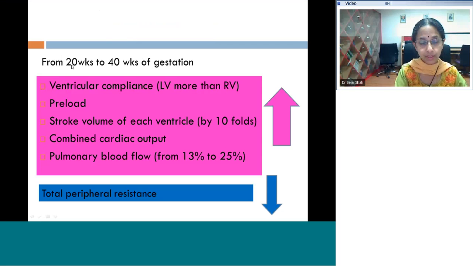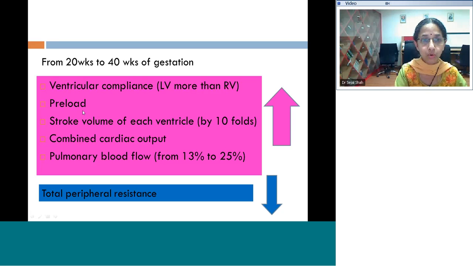So what happens from 20 weeks to 40 weeks of gestation? What are the changes primarily happening? One is that the ventricular compliance changes as gestation proceeds. On the left heart, it changes more than the right heart. There is a change in the preload.